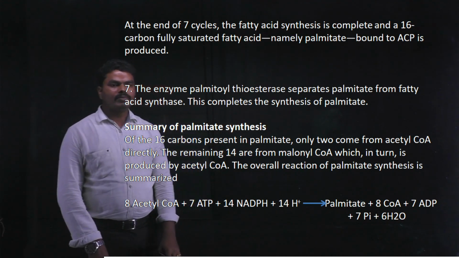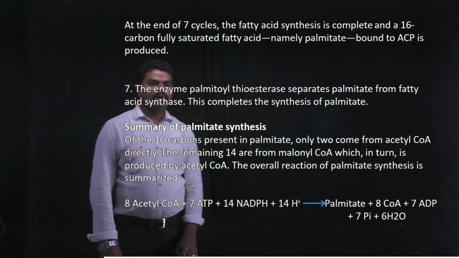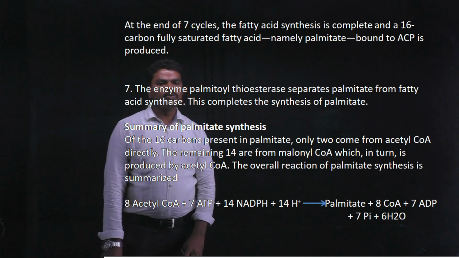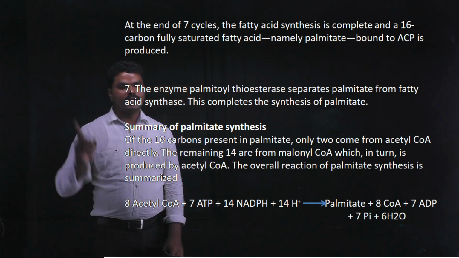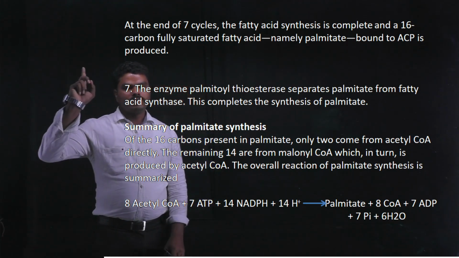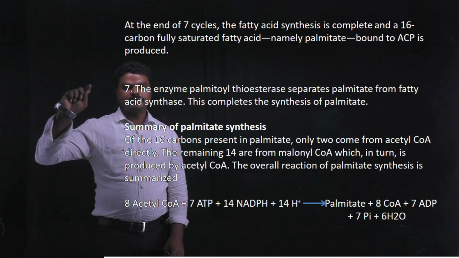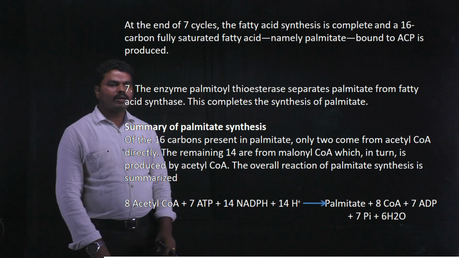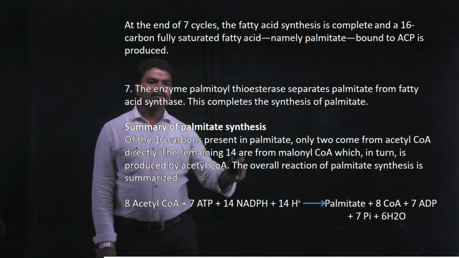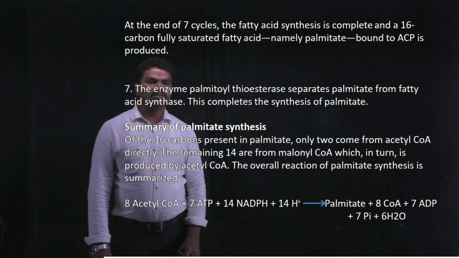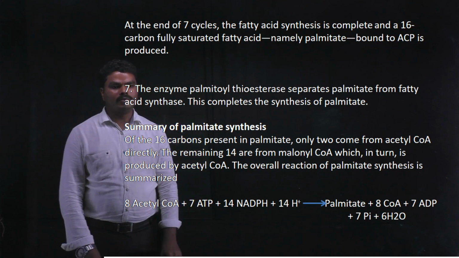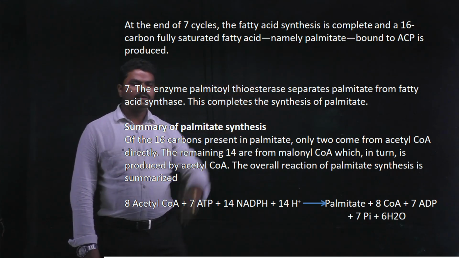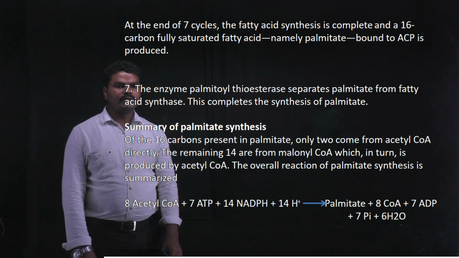And coming to the summary of palmitate synthase, of the 16 carbons present in the palmitate, only 2 come from the acetyl CoA. So at the starting, 2 carbons are obtained from the acetyl CoA directly. The remaining 14 carbons are obtained from the malonyl CoA, which in turn is produced from the acetyl CoA in the cytosol.